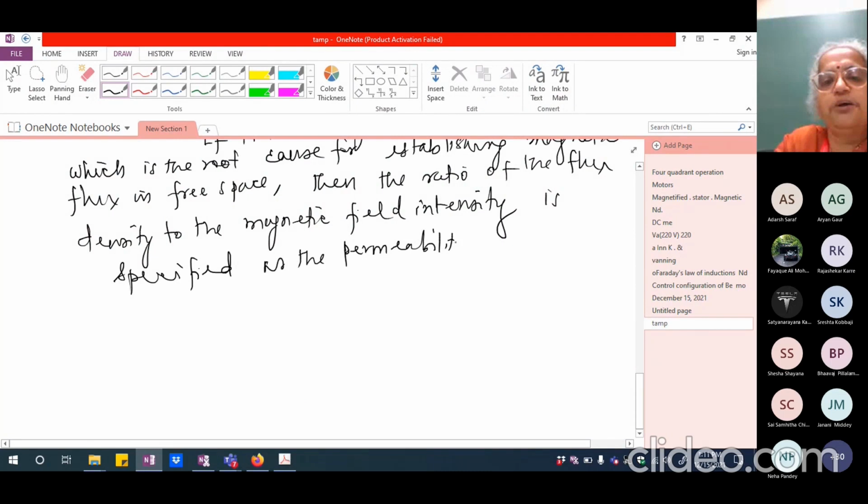So for the permeability of the material, what we are going to see here is B divided by H.